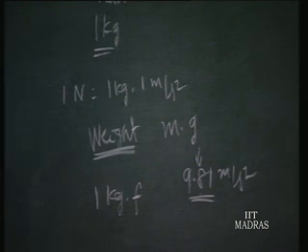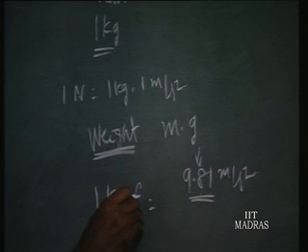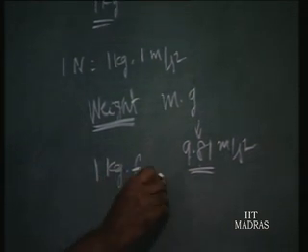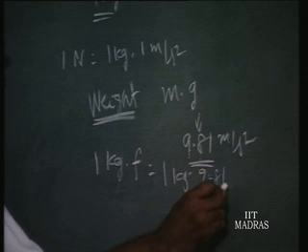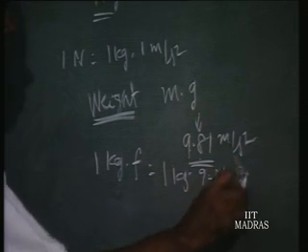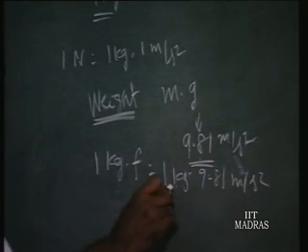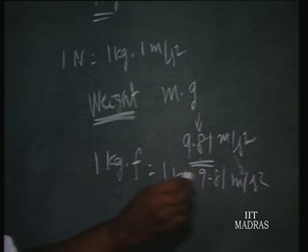That is the unit for calibration purposes. By having the 1 kilogram weight, we can calibrate. What is it in terms of Newton? 1 kilogram force is 1 kilogram mass into 9.81 meter per second squared. Now 1 kilogram through 1 meter per second squared is 1 Newton.